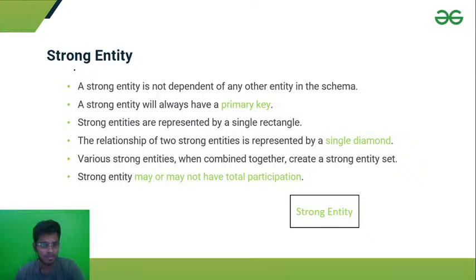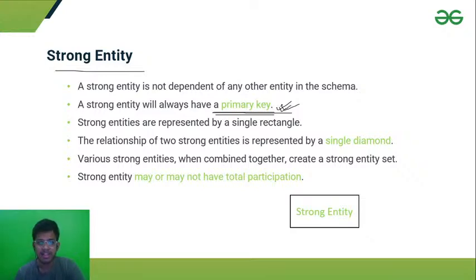So just follow me. A strong entity will always have a primary key, right? This should be highlighted: a strong entity must have a primary key. If an entity has a primary key, we can say it is a strong entity. For now, if you don't know what a primary key is, it is something which helps you distinguish among entities.